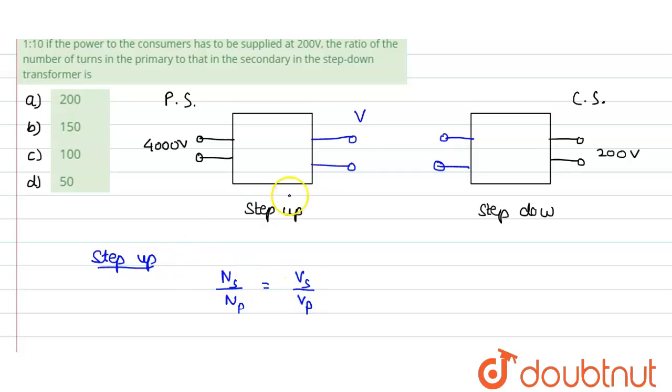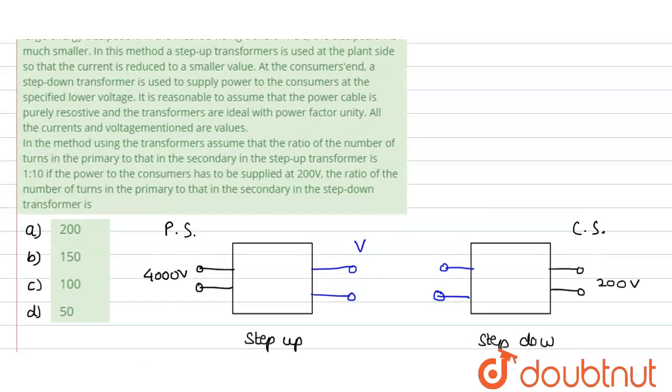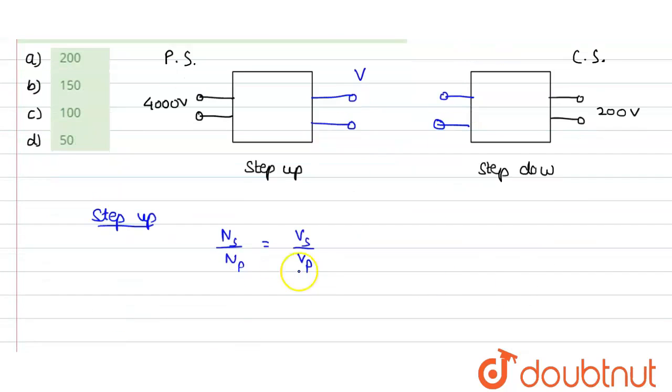Now for the step-up, this would be our secondary. Here it is given, the ratio of primary to secondary is 1/10. That means Np by Ns is given as 1/10. Now what would be the value of Ns by Np? It would be equal to 10.